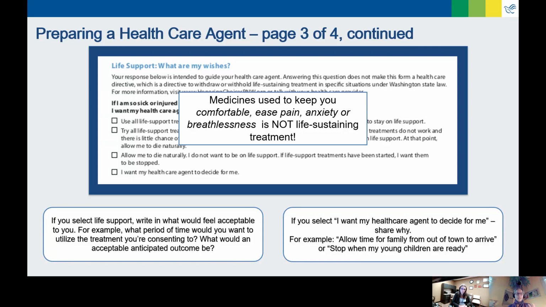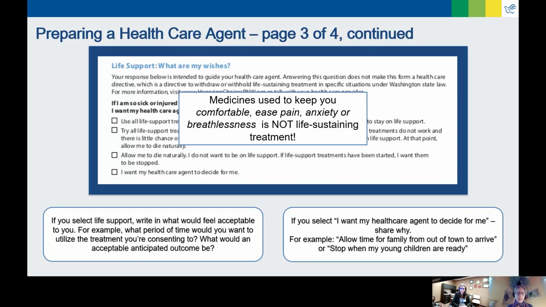So if Melissa and I are sitting with people, we rarely let people get away with just choosing the last box because really the reason why you're engaging in this conversation and completing these documents is so your healthcare agent doesn't have to decide for you. But if you want to give specific direction to your healthcare agent for these scenarios, you're welcome to do so.